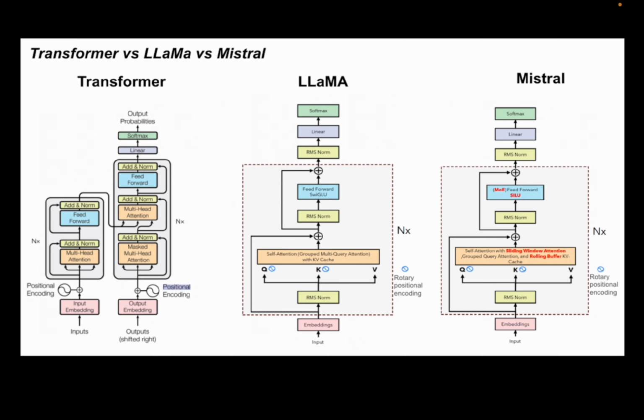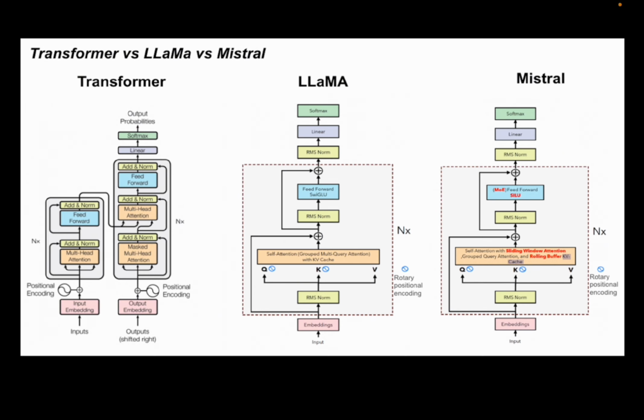But the attention mechanism in Mistral is again a little bit different. What we have in Mistral is a sliding window attention together with KV cache, grouped query attention, and also a rolling buffer. All these allow us to make it much more optimized and reduce the number of calculations. For example, the KV cache allows us to avoid repetitive calculations for keys and values.